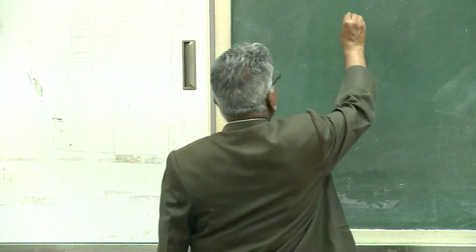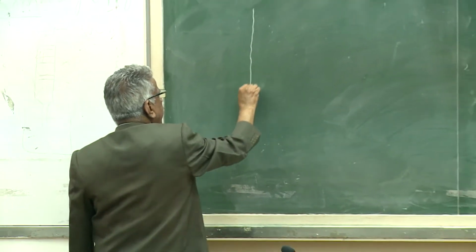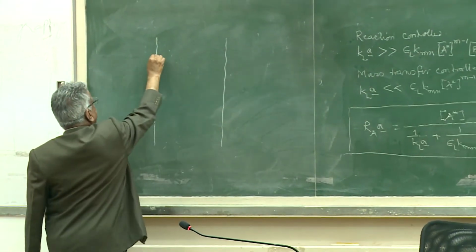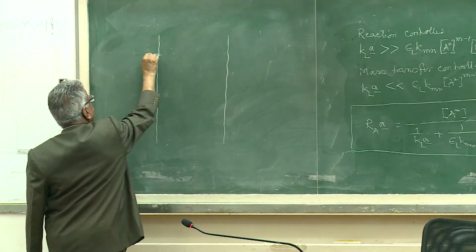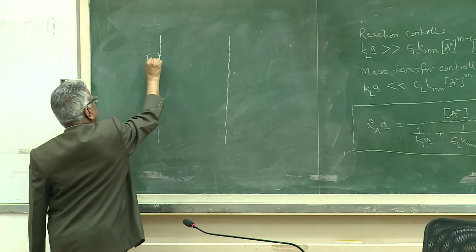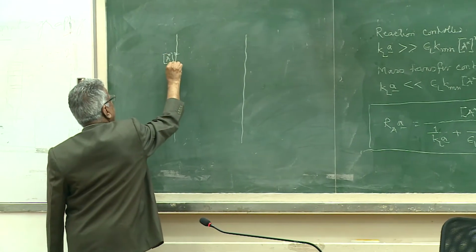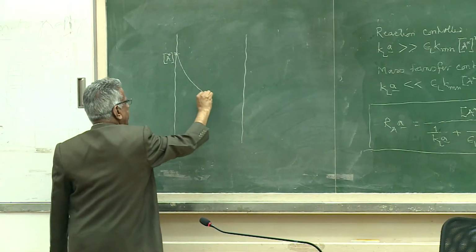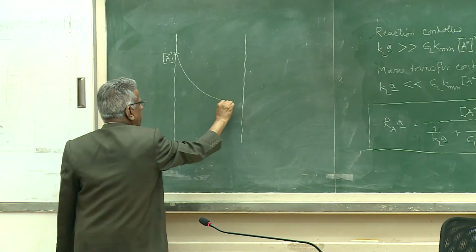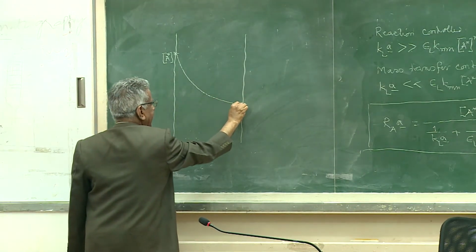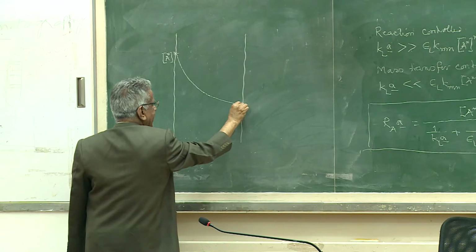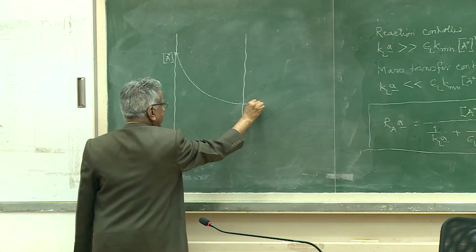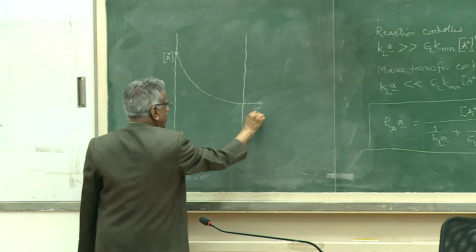So, in the liquid film at the interface, the concentration is A star and the reaction happens in the film, and before it meets the other side of the film, nothing enters, so A0 is equal to 0.